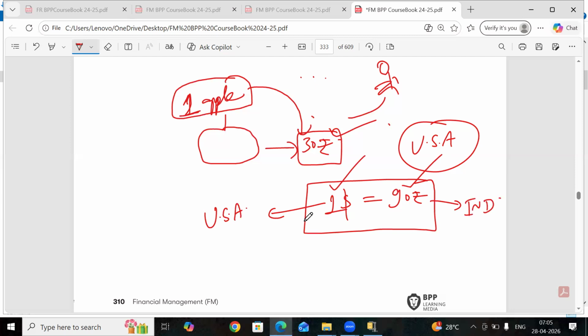He will give you $1 and you will give him 90 rupees. In this way, we understand one thing. As apple can be exchanged with rupees, dollar can also be exchanged with rupees. Very clear, simple way of understanding this.